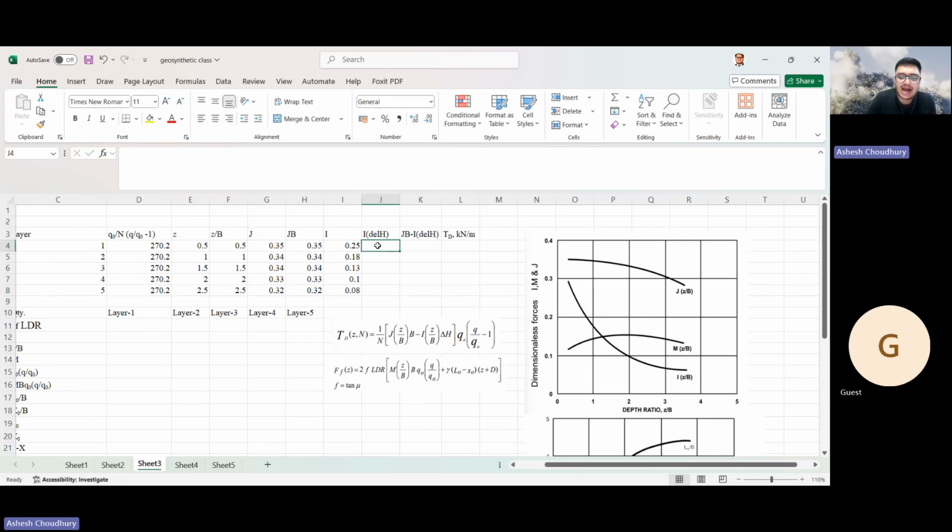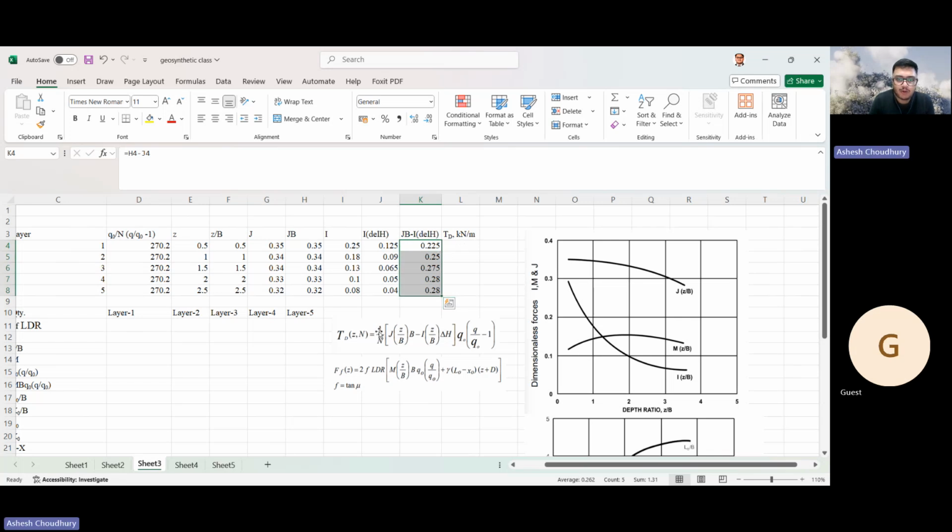Now we have to multiply I times delta H. Delta H is the spacing, which is 0.5. Now the next is JB minus I into delta H. You do that.